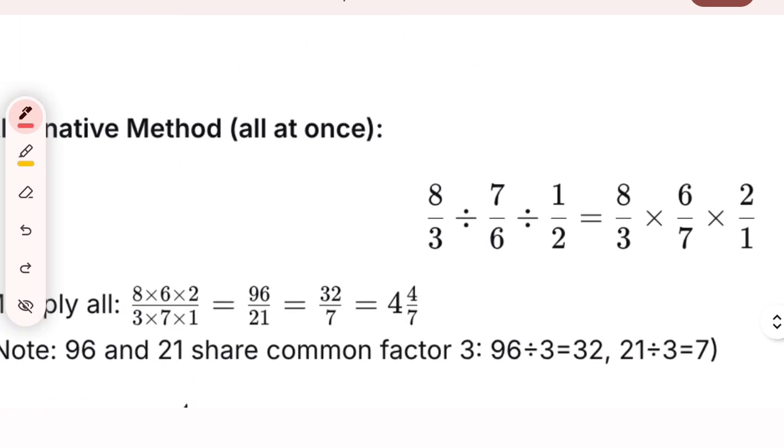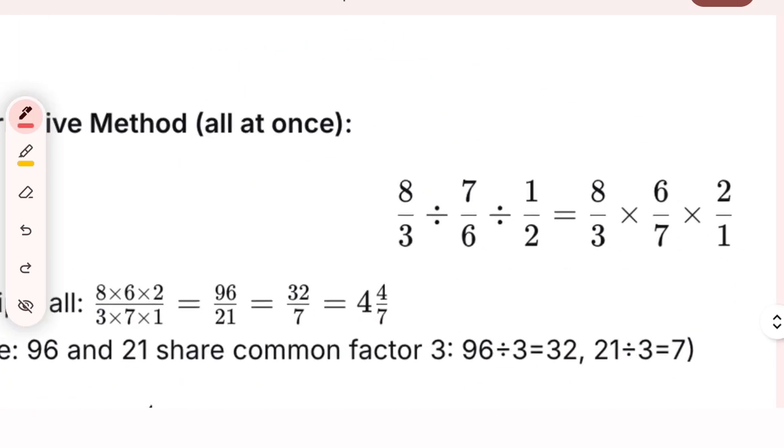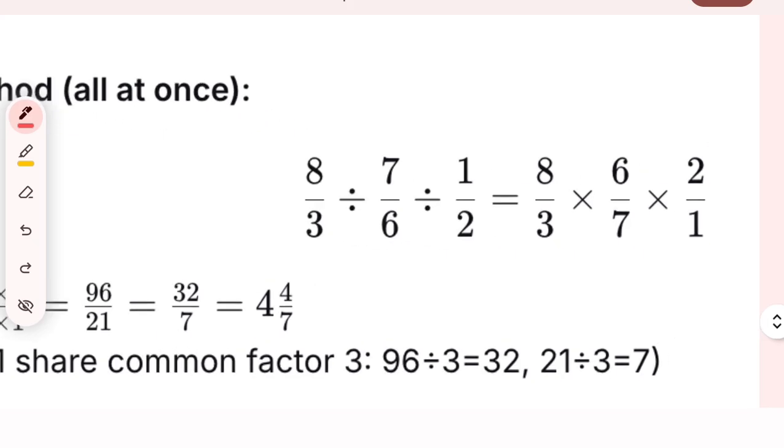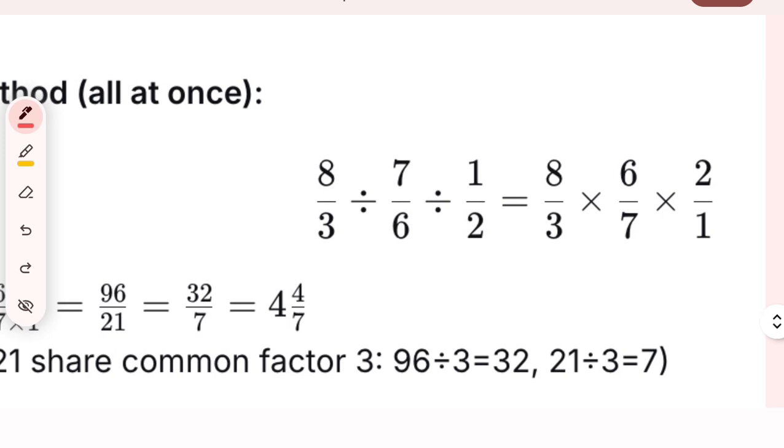And here is an alternative method. This alternative method, which I've also discussed in a previous video, is you convert everything at once. Since you have your divide, you convert this one. So you keep 8/3. You change this into times. You flip this 6/7.